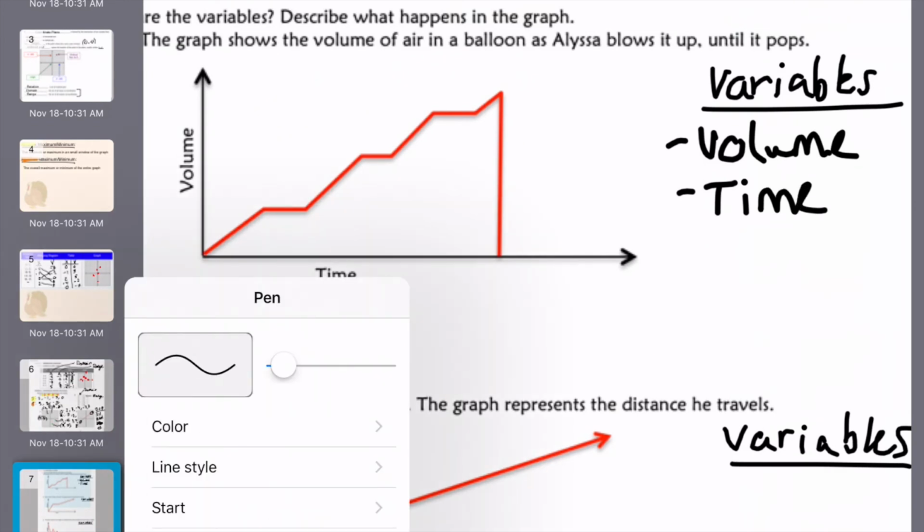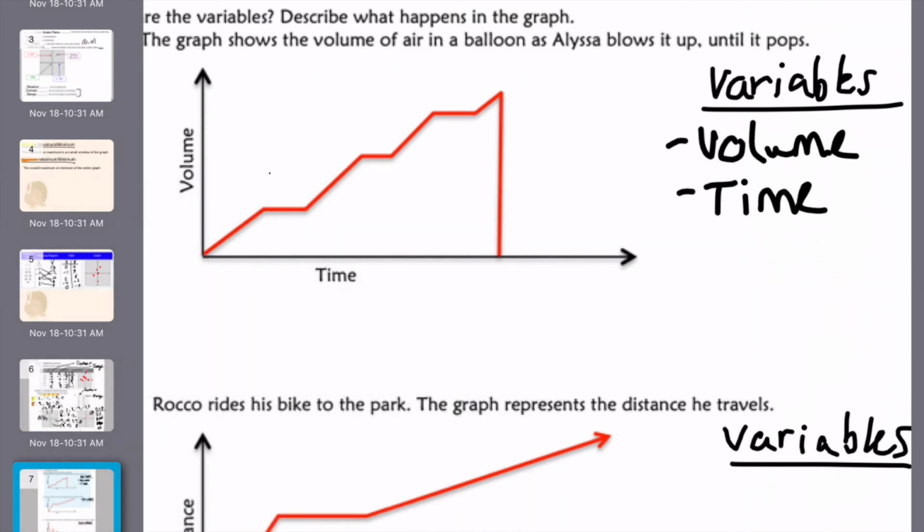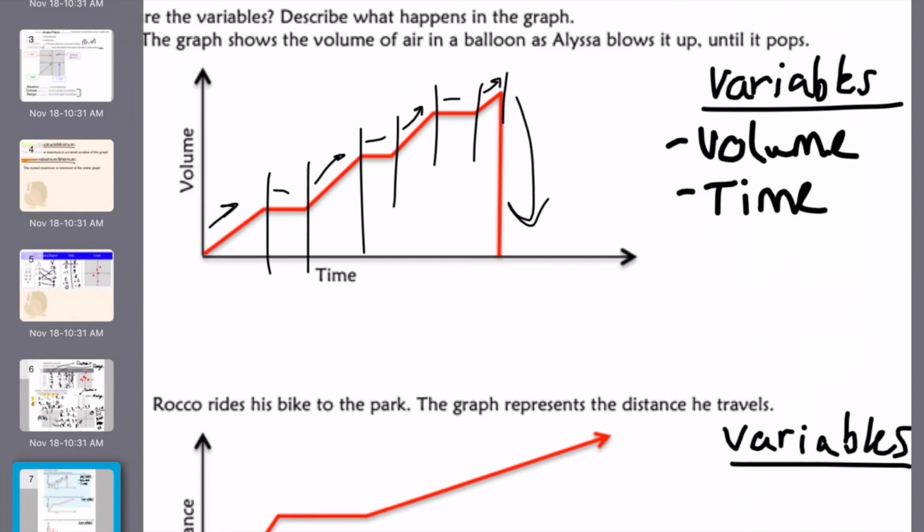But it's also important for me to look at when it's increasing versus when it's staying the same or decreasing. That's another part that I need to look at when we are assessing graphs. So I see that it's increasing, staying the same, increasing, staying the same, increasing, staying the same, increasing, and then a dramatic drop.